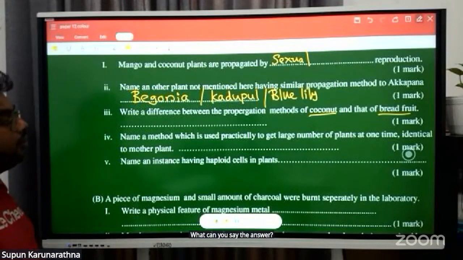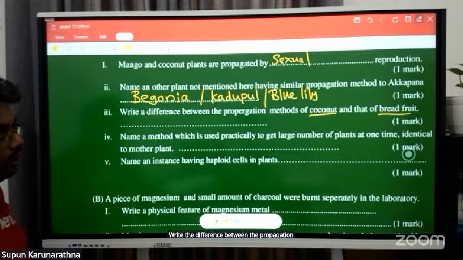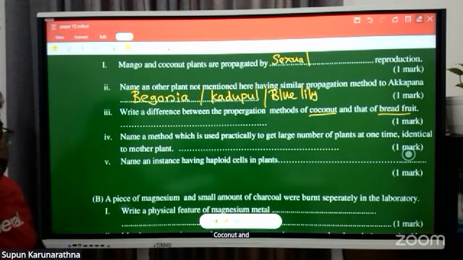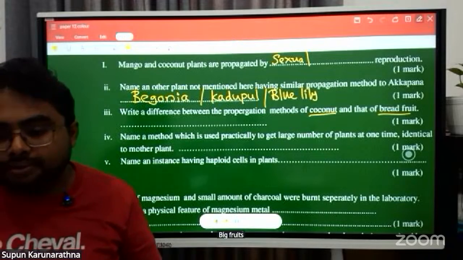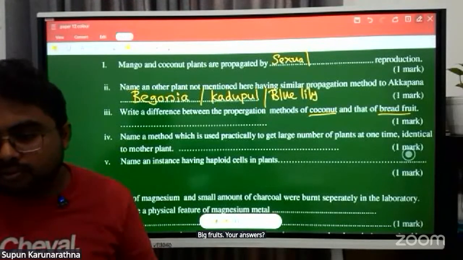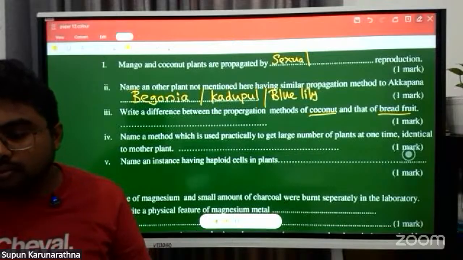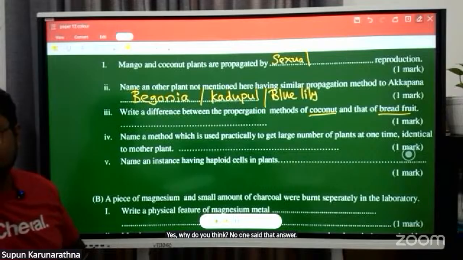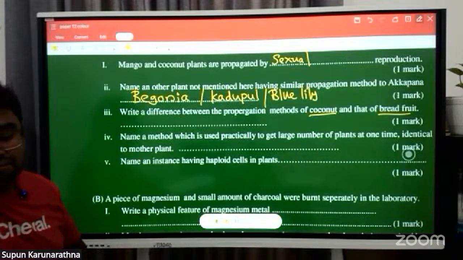Write the difference between the propagation method of coconut and breadfruit. Your answers? Yes, what do you think? No one else said that answer. Yes, breadfruit and coconut.